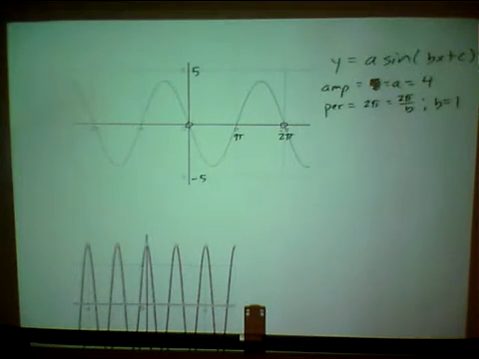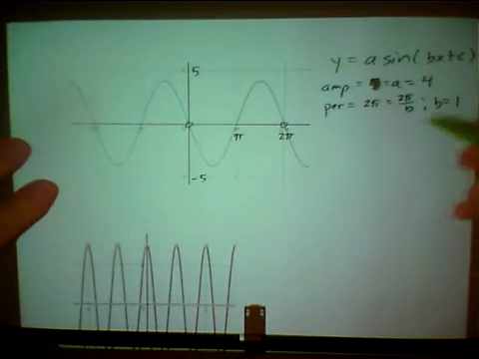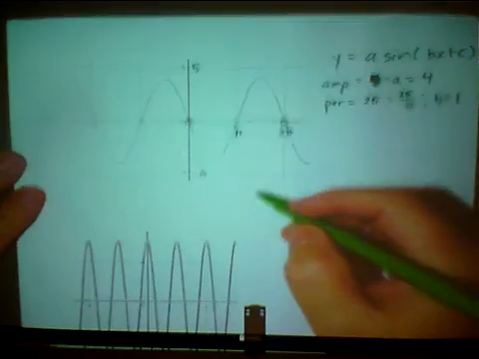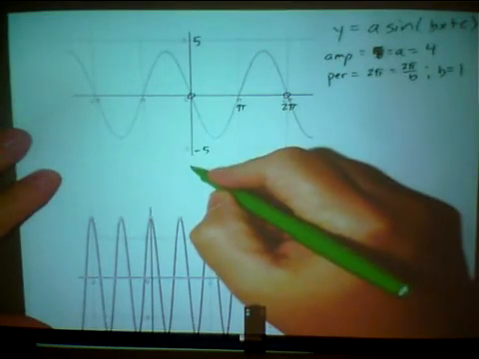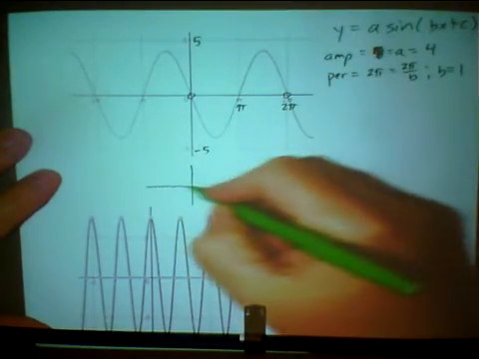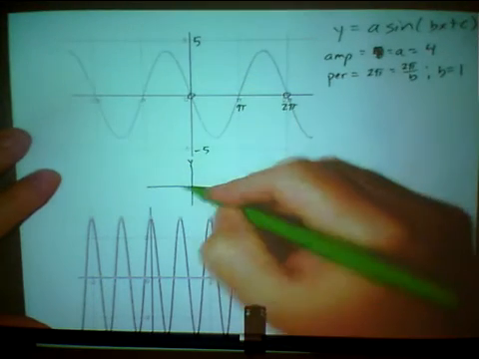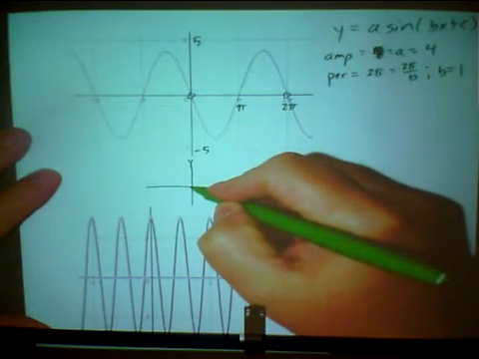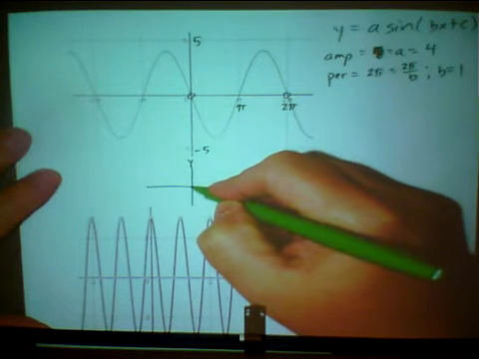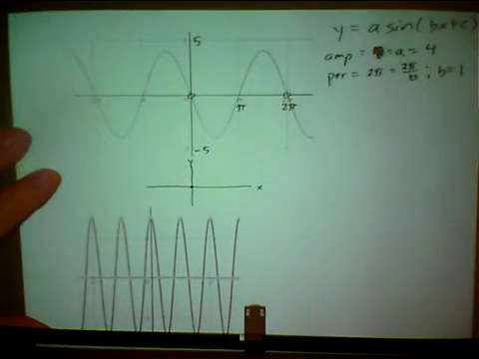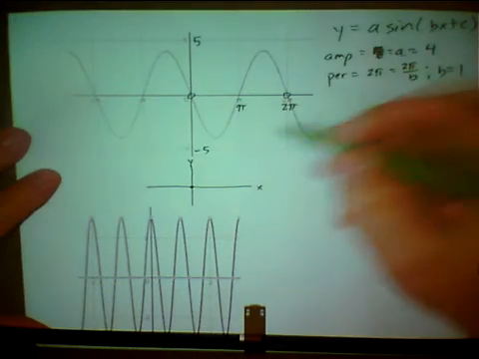Now we need to see if there's a phase shift. Well, let's think about what a normal sine wave looks like. A normal sine wave, let me try and draw it down here, starts at 0. The value of the sine wave is 0.